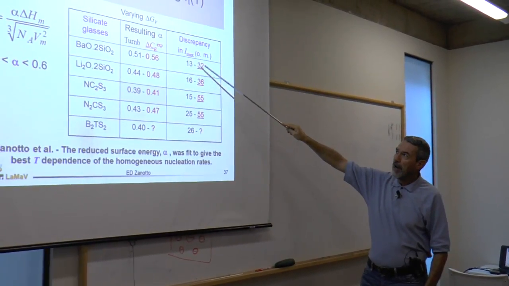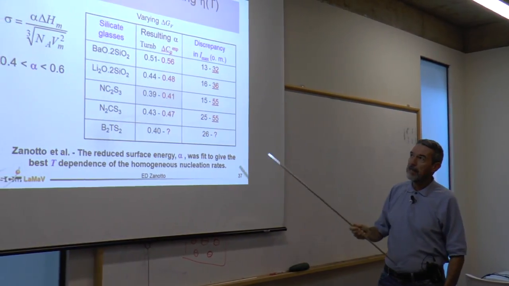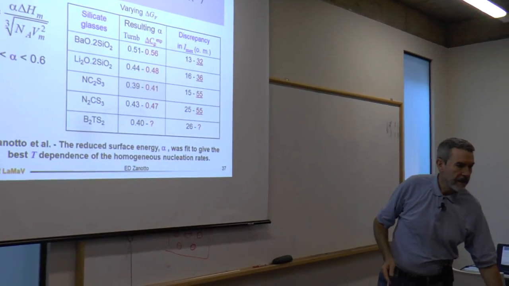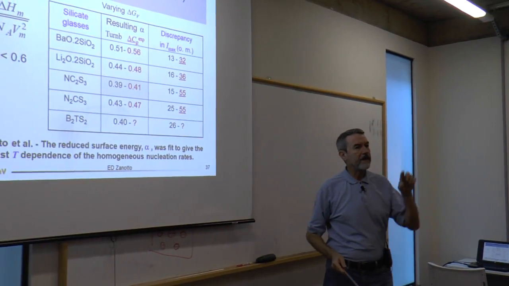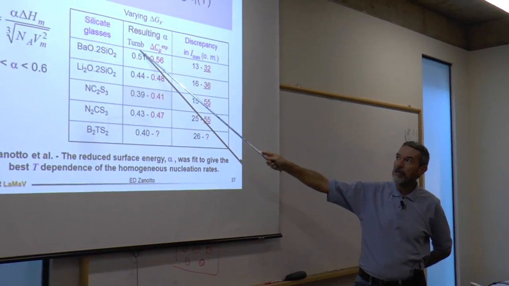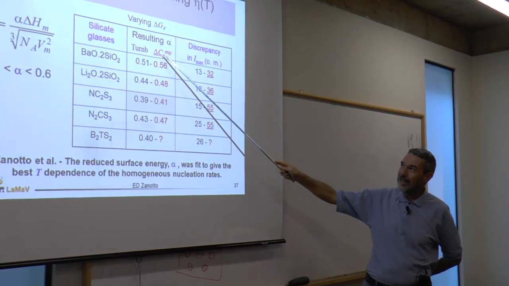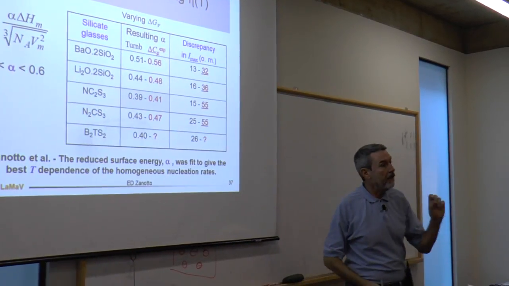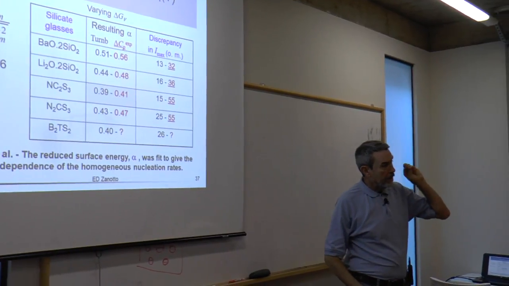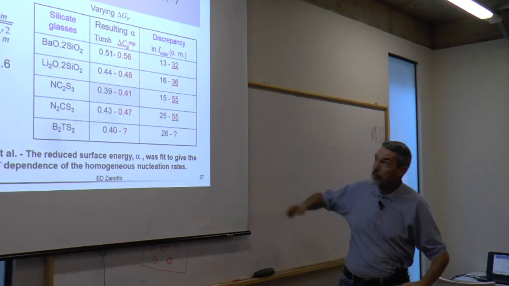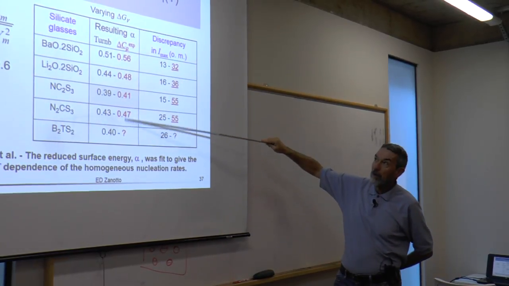And I have two values here because if you recall from last class, it's possible to calculate the delta G using the Turnbull approximation or using experimental values of the delta Cp difference between the supercooled liquid and the crystal. This is more rigorous.